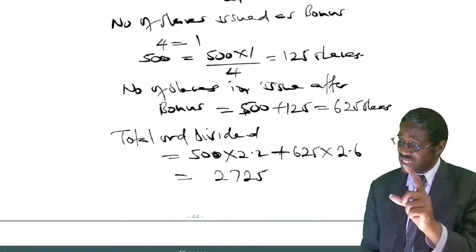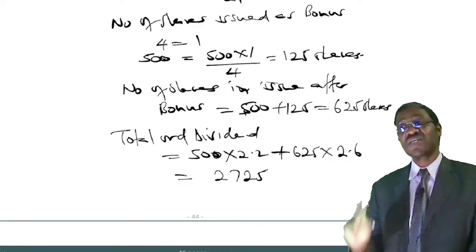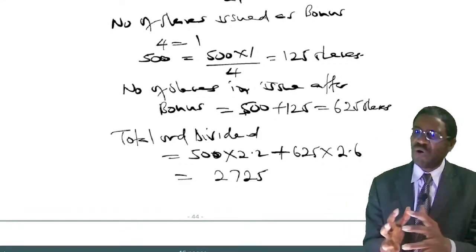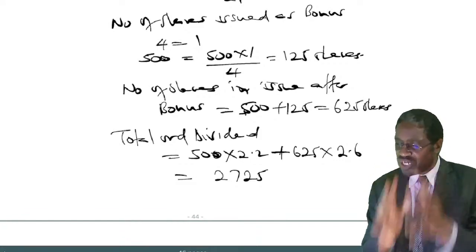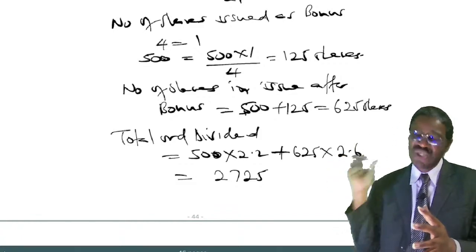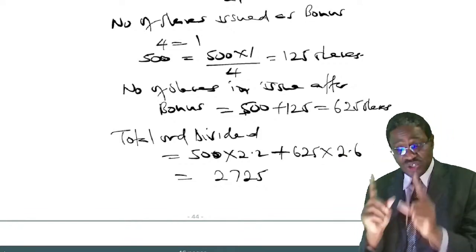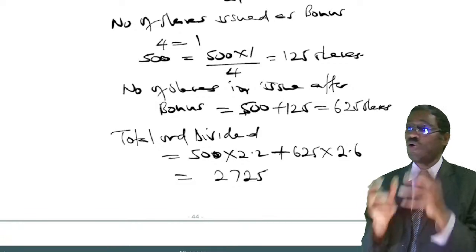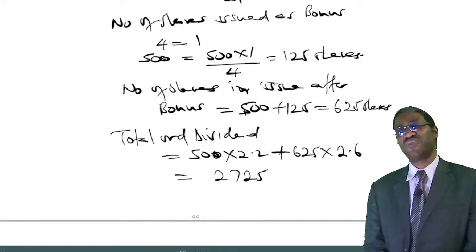So in other words, the figure you are given as closing stock is wrong. Why? Because what you counted as part of your closing stock as a company is what was in your store. But there are some goods with the customer somewhere which could be returned anytime. So what you have to do is to increase the value of your closing stock, because the goods are still yours by the end of the year.